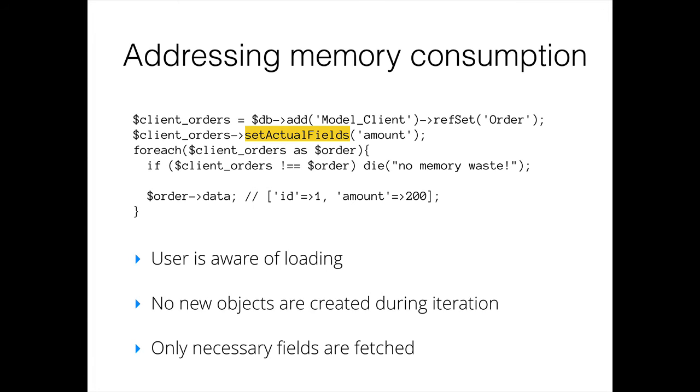I don't care about other fields. And initially, maybe I won't have this actual fields call at all, but it's really easy to add. You can go through all your code, and you see, okay, I'm only going to be using amount in here. Let's add set actual fields. It optimizes. It tells which fields to query.